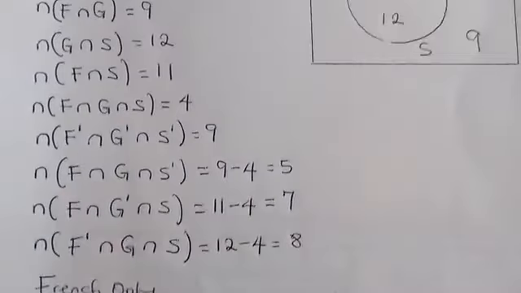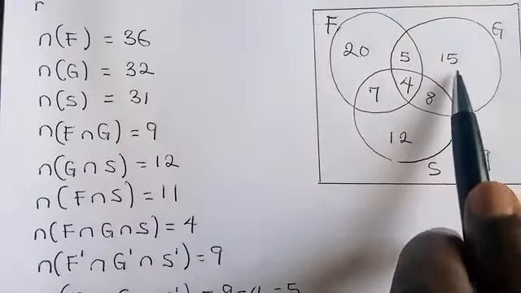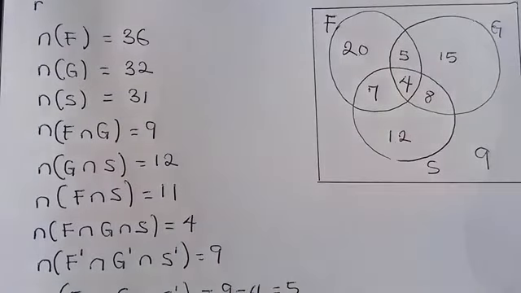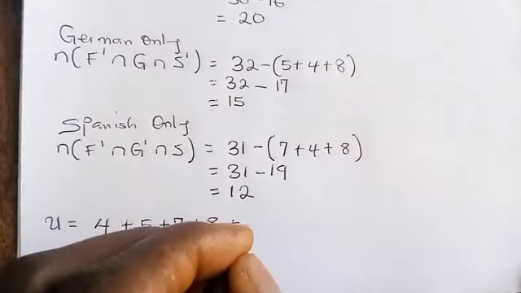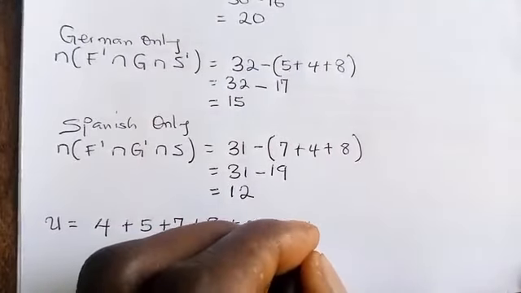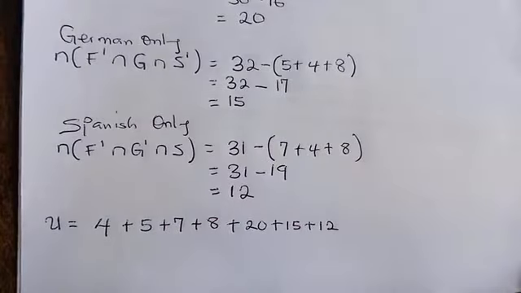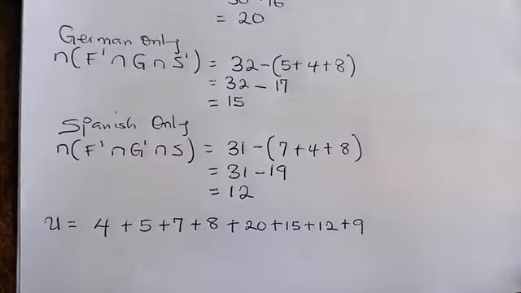Also, we'll need to add those that offered one subject only. That is French only, German only, and Spanish only. That is 20, 15, and 12. 20 plus 15 plus 12. Then lastly, we'll add the number of students that offered none of the 3 languages. That is 9 of them. So let's sum this together and see.